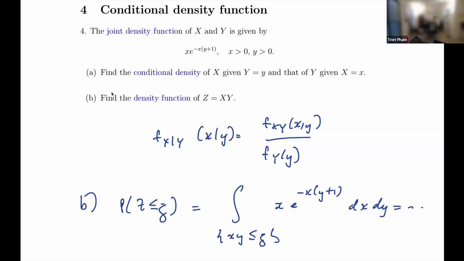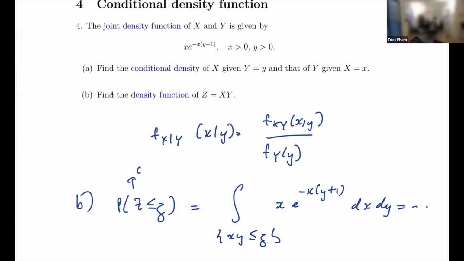The approach I want to show you here is the so-called conditioning approach. So in some problems, you still have to find the CDF of Z anyway. That's a must. There's no way you can bypass that. But a place where you have flexibility is where you do the integration. So here you integrate the joint over the appropriate region.